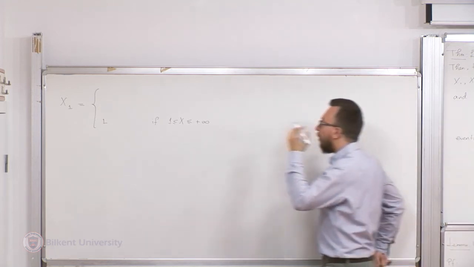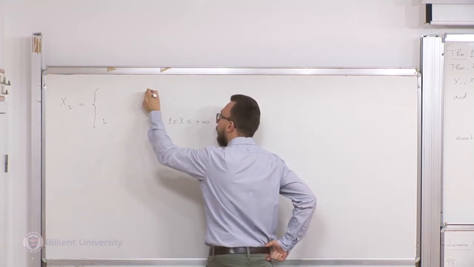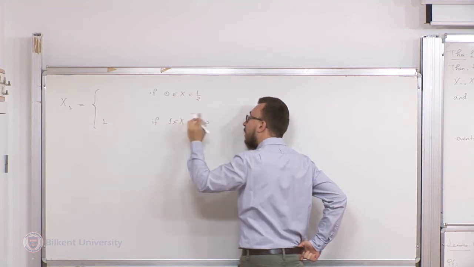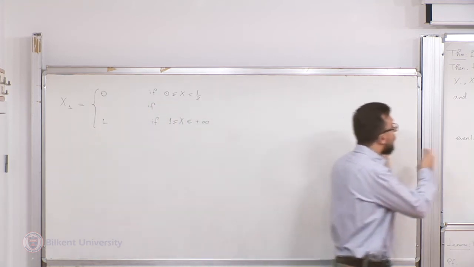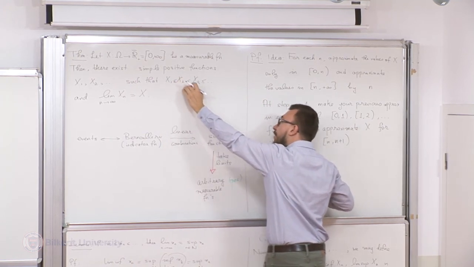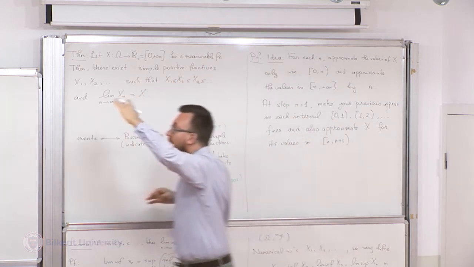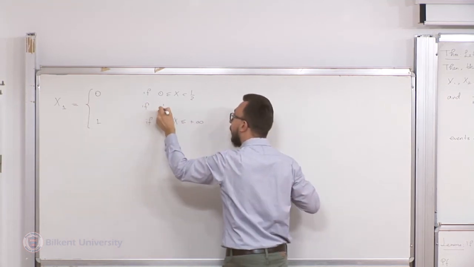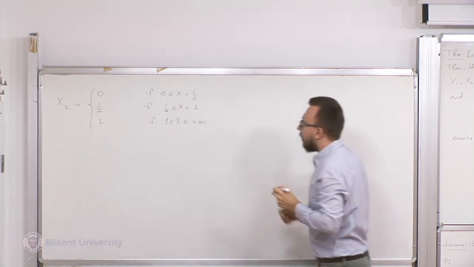So what are we going to do in the interval 0 to 1? We're going to make the following approximation. If X is between 0 and 1/2, approximate it as 0, because you'd like to approach from below. So X1 is the smallest, then increase it, X2, X3, etc. The largest will be X. Therefore, always find lower bounds. So on this interval, this is the lower bound. For 1/2 to 1, this is what we approximate as.